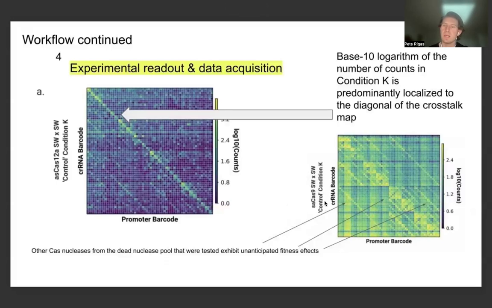And this is to say that the experimental data from my colleague David Specht in the Lambert lab was talking about various aspects of experimental readout and data acquisition, in which from the particular assays and types of combinations that he was looking at, he was looking to take different combinations of promoter barcodes or crRNA barcodes, and depending upon a control condition, which I won't exactly go into now, he's looking at whether there will be any type of fitness penalty depending upon the log base 10 of the number of counts.